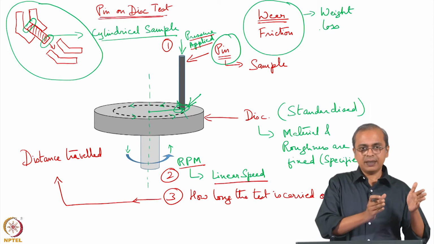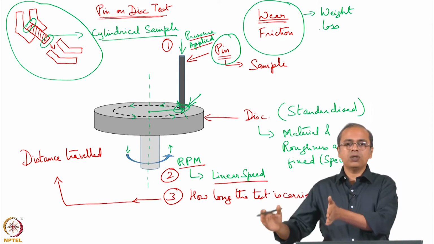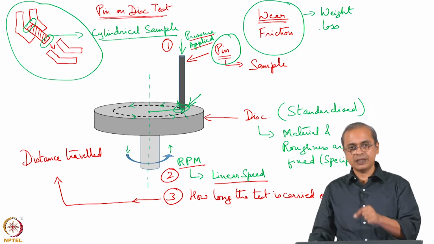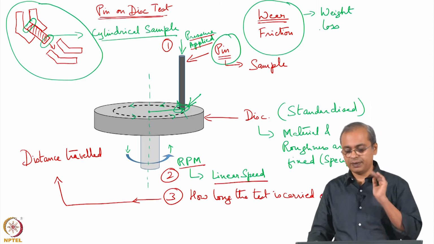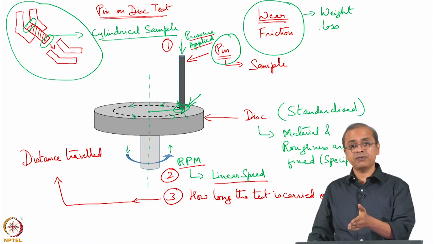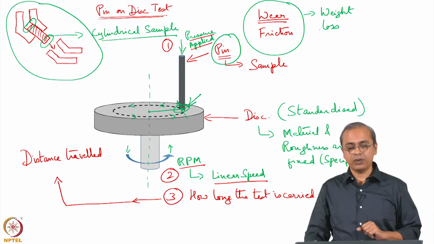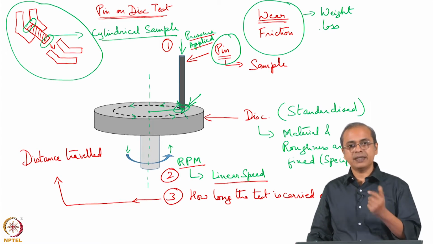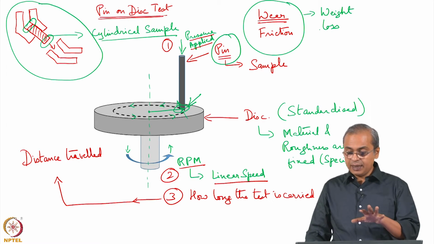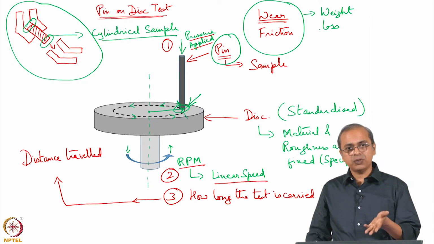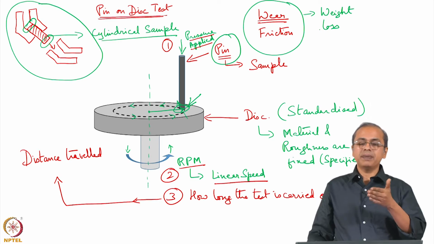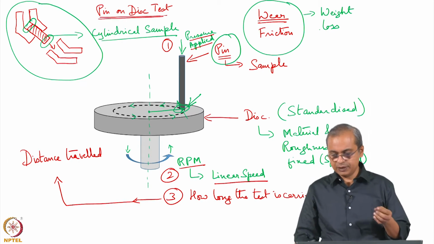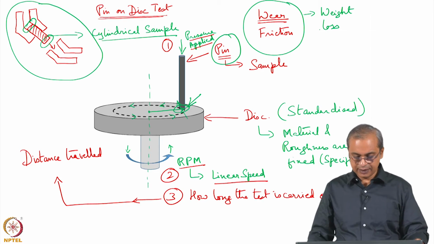So, if you are looking at taking some material on to some technological application where it is likely to be subjected to frictional conditions, and therefore likely to experience friction, and therefore be subjected to wear as an activity that is happening on it, then we would like to know what is the weight loss, and as you may imagine, we want the weight loss to be as minimum as possible. We basically do not want any weight loss because that is something that is undesirable.